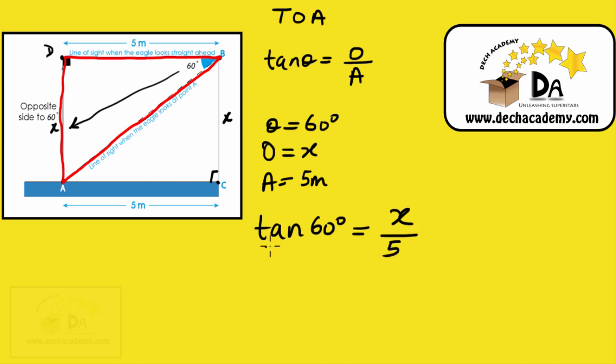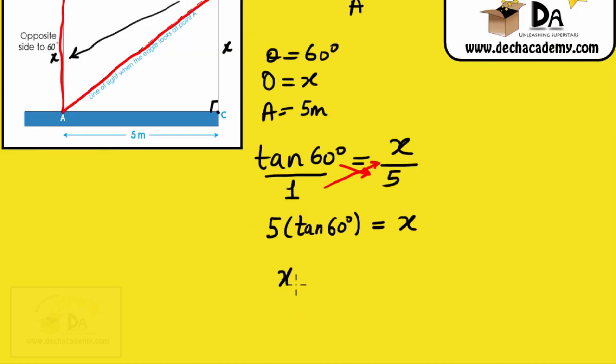Tan 60 degrees is the same thing as tan 60 degrees over 1. Cross multiplying gives 5 times tan 60 is equal to X times 1, which is X. So X is equal to 5 times tan 60 degrees.